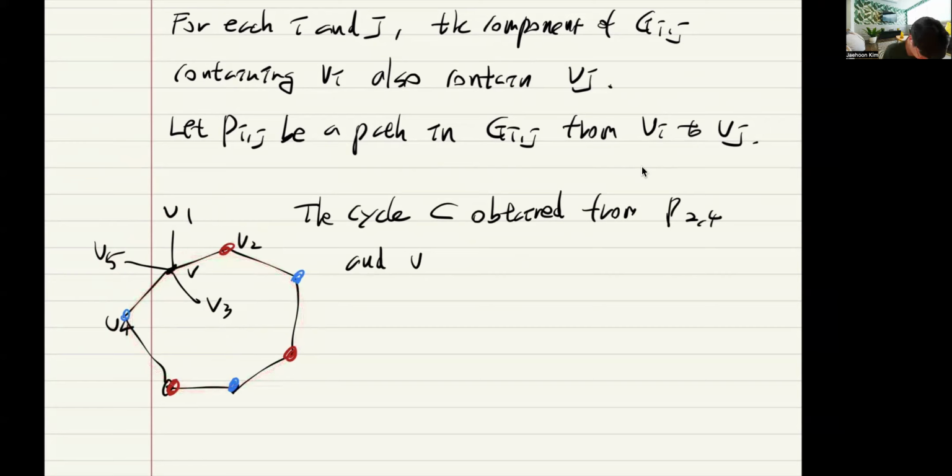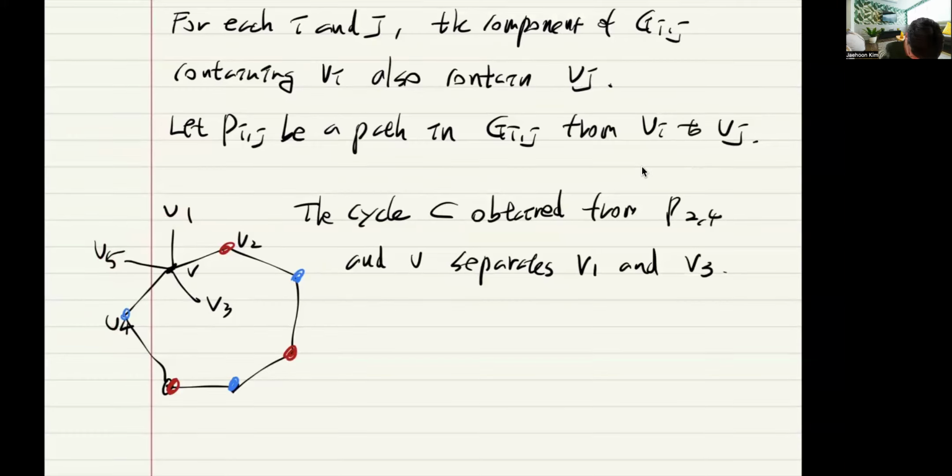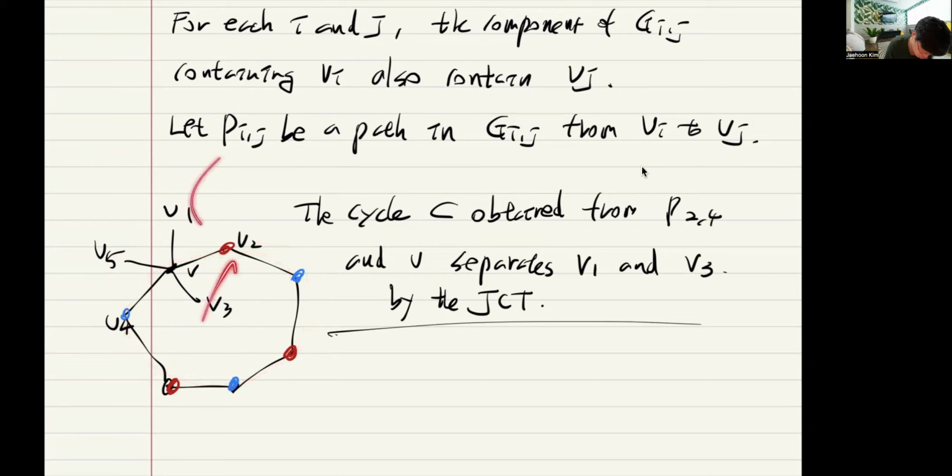C separates P_1 and P_3. This can be shown by the Jordan curve theorem, which says that this cycle separates inside and outside.